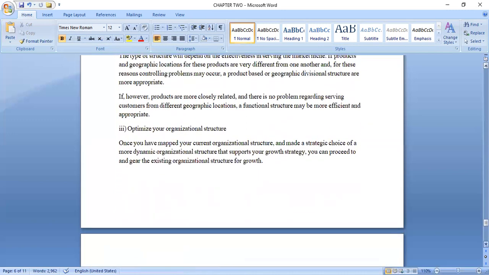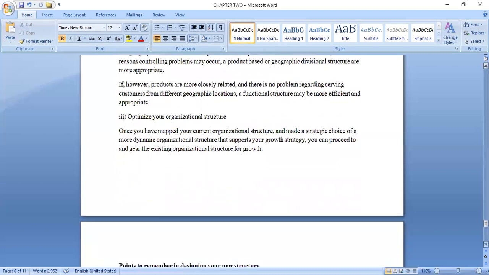So there you have no option. The business will have no option but to use a divisional organization structure. This is practically developing a blueprint for the organization structure to adopt.